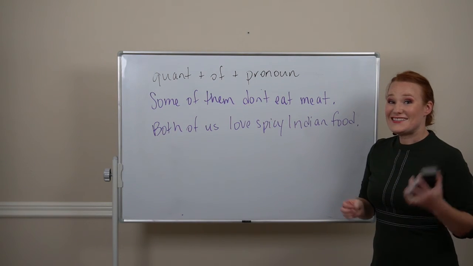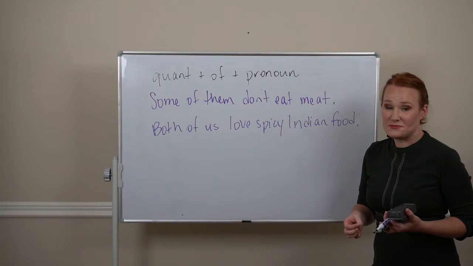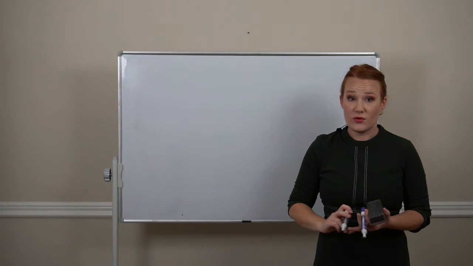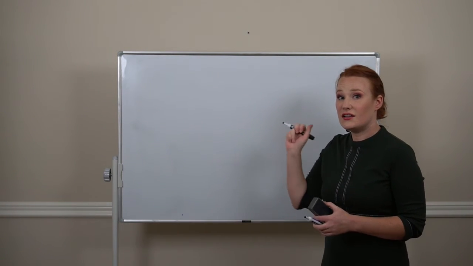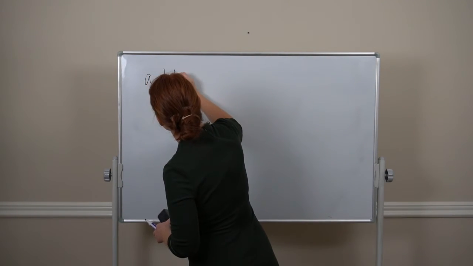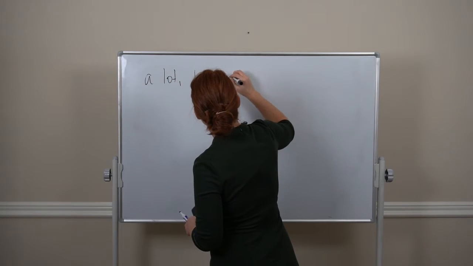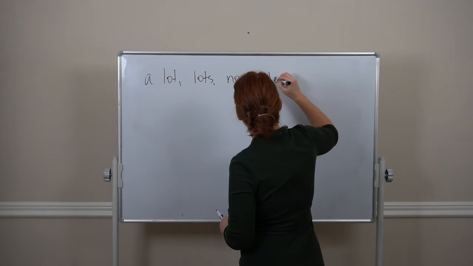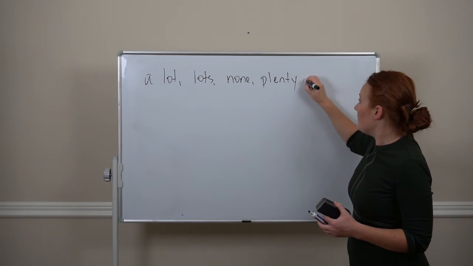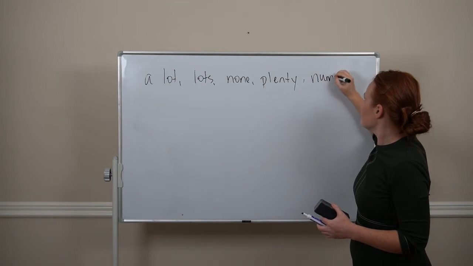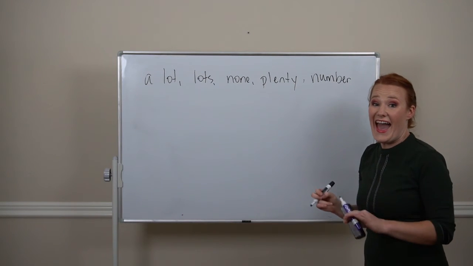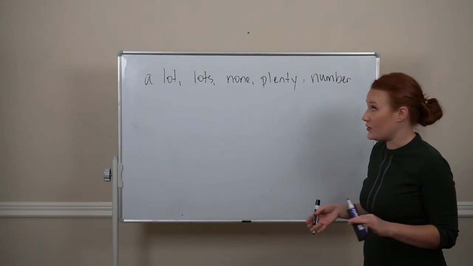Okay, some of our quantifiers always need of, regardless of the situation. So, quantifiers of a lot, lots, none, plenty. Oh, or if we use a number, 5 or 10 or 1,000. In this case, we have to use of, regardless of what comes after it.